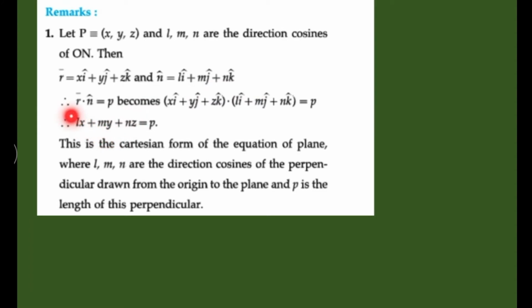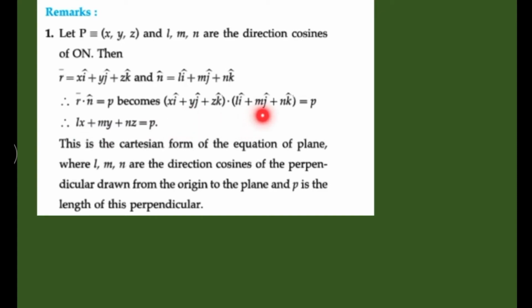Now equation of plane in normal form is r bar dot n cap equals to p. So when we replace r bar as xi plus yj plus zk and this n cap as li plus mj plus nk, so when we take dot product in LHS, so x into L we write xl, i dot i is 1, i dot j is 0, i dot k is 0. So we directly write here x into L, i dot i is 1, so we write Lx.